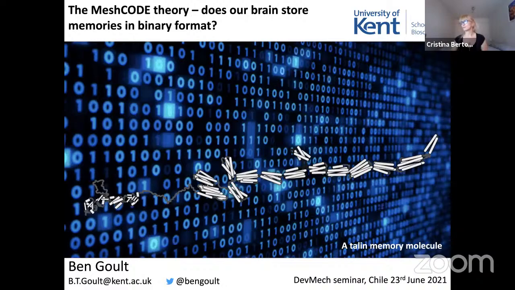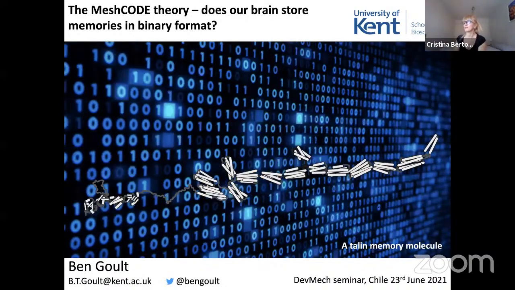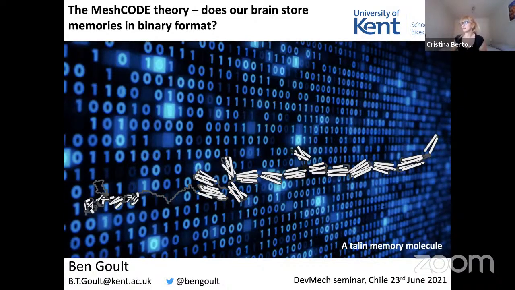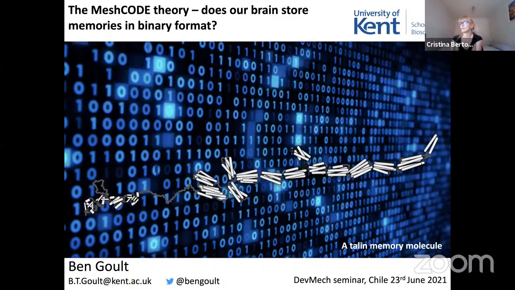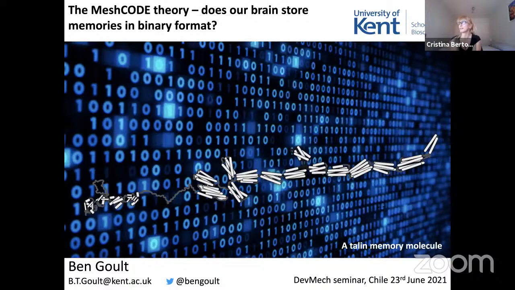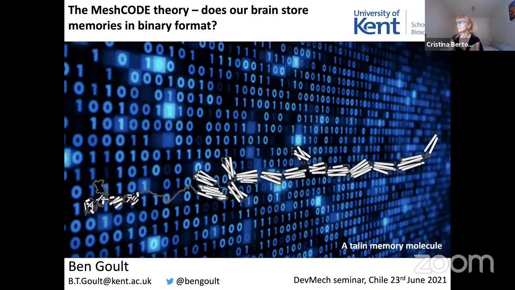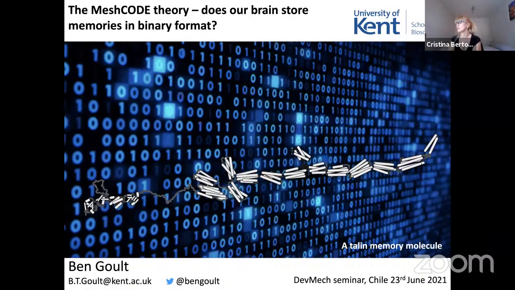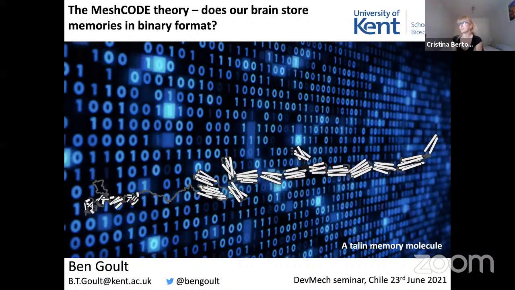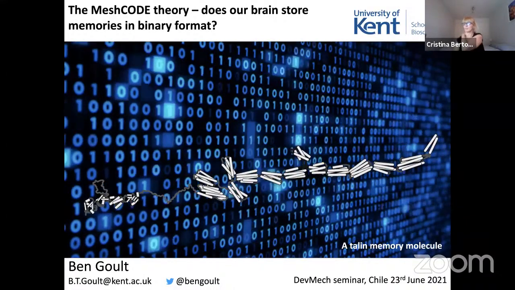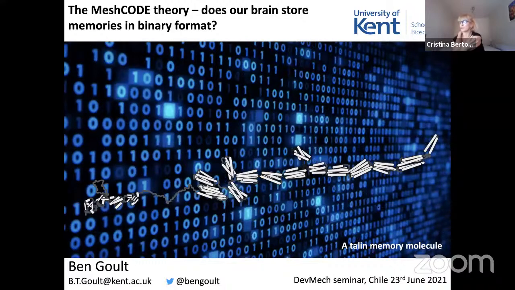Today we have the honor to have with us Dr. Ben Goult. Ben obtained his first degree in biochemistry at the University of Sheffield in 1998 before embarking on a PhD in the labs of Dr. Tim Norwood, University of Leicester, and Professor Lu Yu Lian, University of Leicester and Manchester. And he did it developing NMR-based approaches for drug discovery.